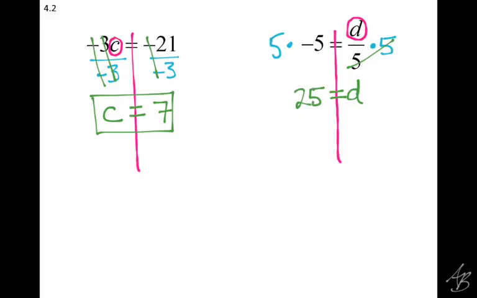So 5 times 5 is 25. Is it positive or negative? It is negative because? Is it because the bigger number is negative? No. Yeah, anytime we multiply by a negative, the answer is going to be negative. Okay, unless it's a negative times a negative, then it would be positive.